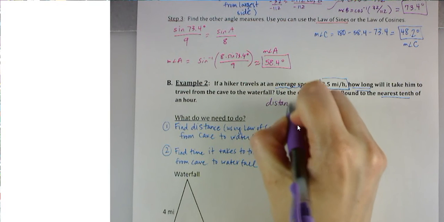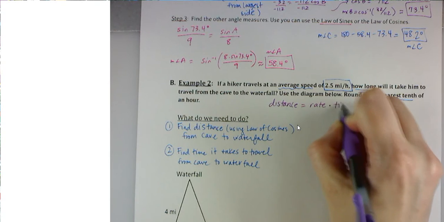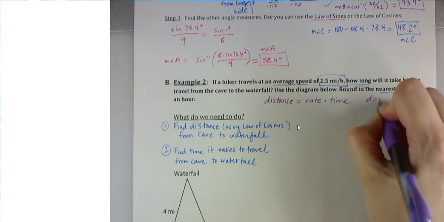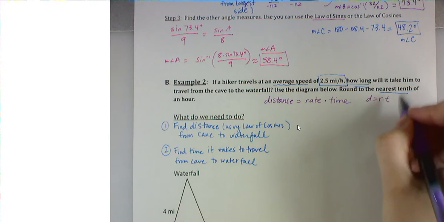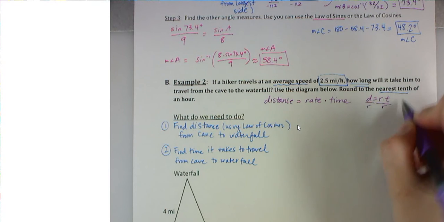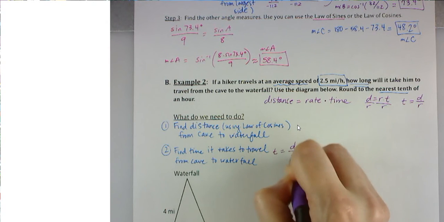That's an equation that you've seen before. If I want to solve this for the time, I divide both sides by r. So the time would be the distance divided by the rate. Once I find the distance, I already know what my rate is. My rate is 2.5 miles per hour. So once I know the distance, I can calculate the time pretty easily.